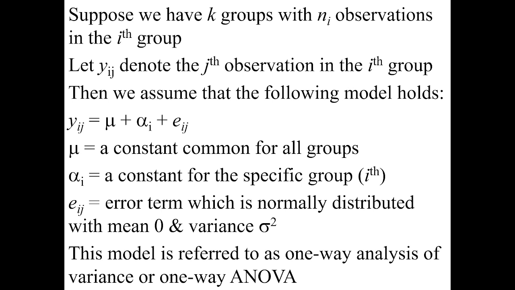Certain value will be there for everybody, which we call mu, and alpha i is a constant specific to the ith group, plus Eij, some error term which we presume is normally distributed with mean 0 and variance sigma square.